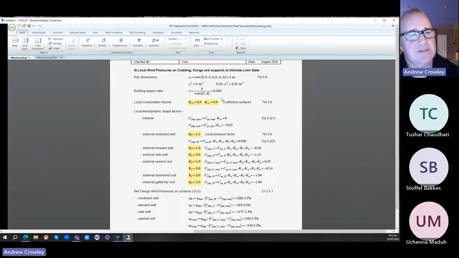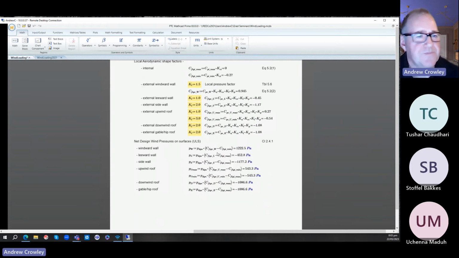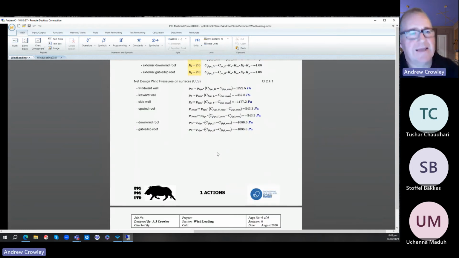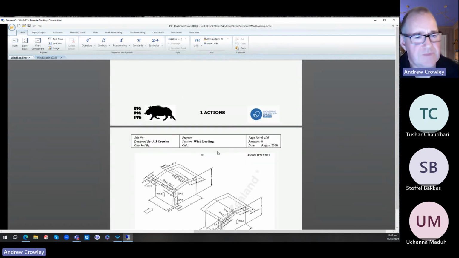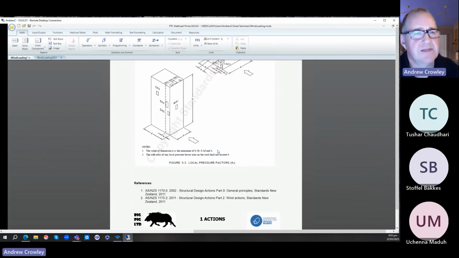Local wind pressures. You can look at combination factors. You can look at the K_l factors in various areas. So 1, 2, 3, 1.5, and so on. That will give you your maximum wind pressures on local areas and remind you where they apply and so on.